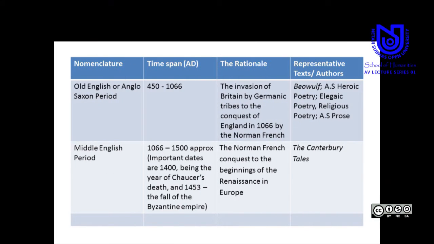We shall now move to the periods into which we conventionally classify the history of literature and also the rationale behind it. There are different ways we do this, but in classifying the political, social and cultural history of Britain, here I shall be going by the methodology that we mostly follow in academia.